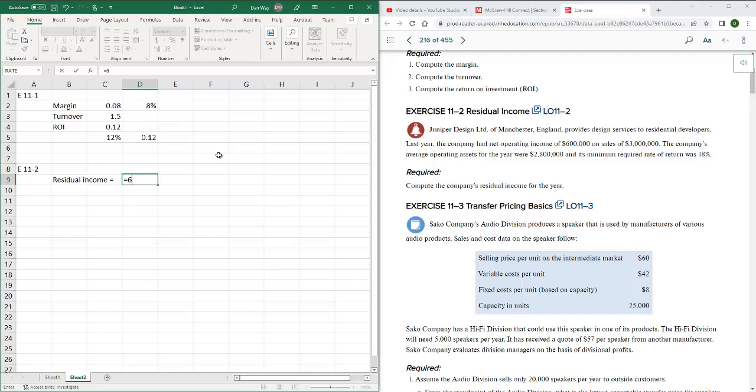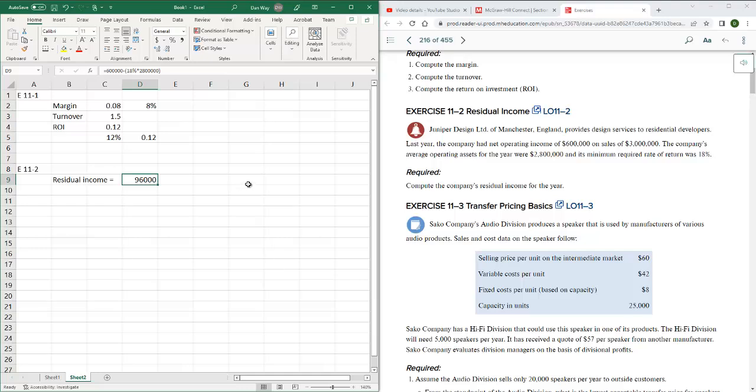So if we take our net income of $600,000 and subtract off that capital charge, in this case, we're saying that's required rate of return of 18% times those average operating assets there of $2,800,000. So actual net income $600,000 minus the required return on those assets of $2.8 million, 18% of that, gives us residual income of $96,000.